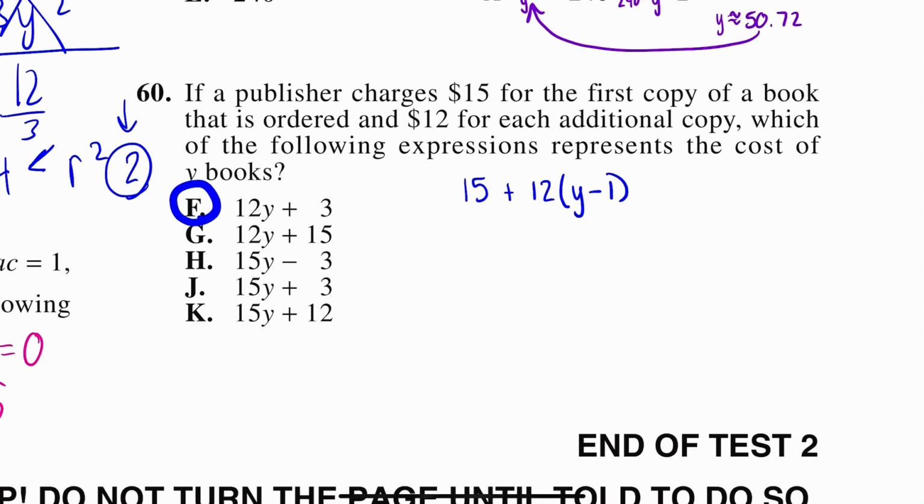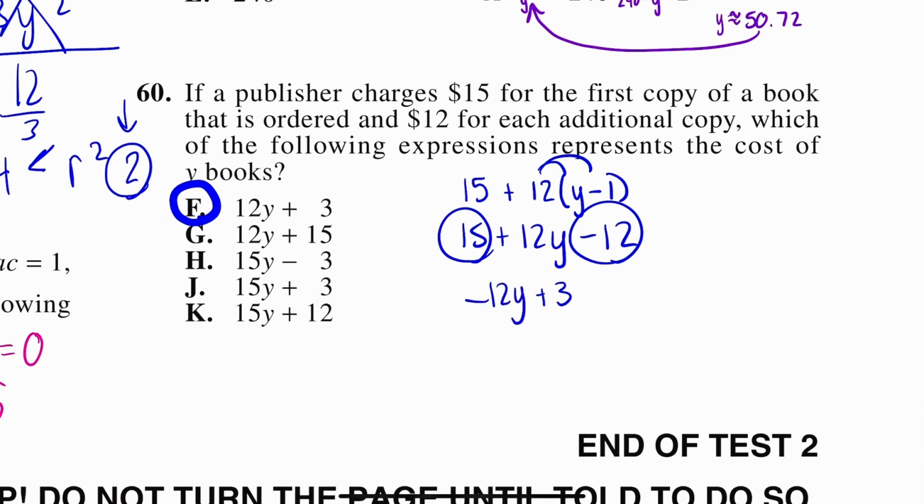So I made this expression, so simplify it. 15 plus 12y minus 12. Combine like terms. 15 minus 12 is 3. And I'll stick that 12y in the front. That gets us F.